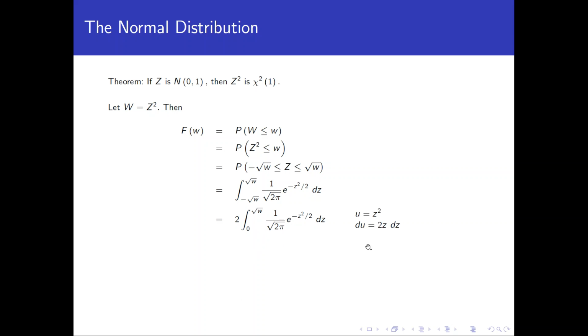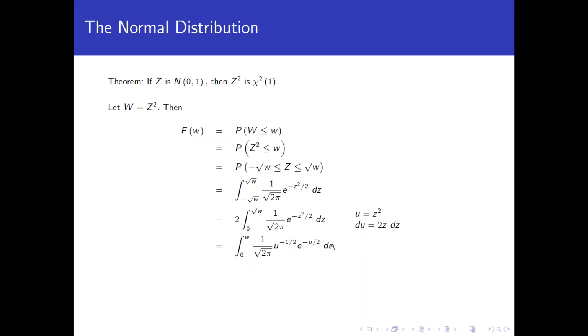Now let's do a substitution here. I'm going to let u equal z squared, then du is 2z dz. Of course, I don't have a z, I just have a 2. So if I divide both sides by z, and then solve the equation for z, I have z equals square root of u. So I get du over root u equals 2 dz.